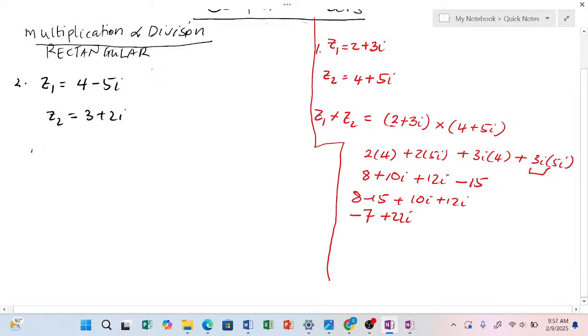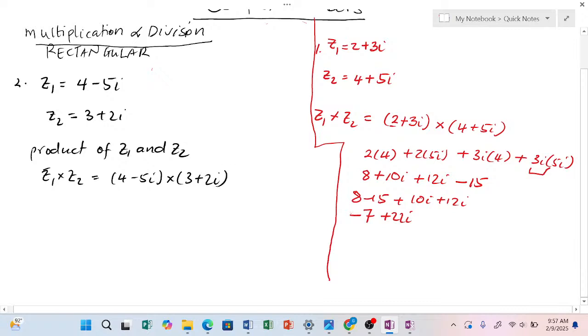We are asked to find the product of z1 and z2. We know that product is multiplication, so z1 by z2 is 4 minus 5i multiplying 3 plus 2i.